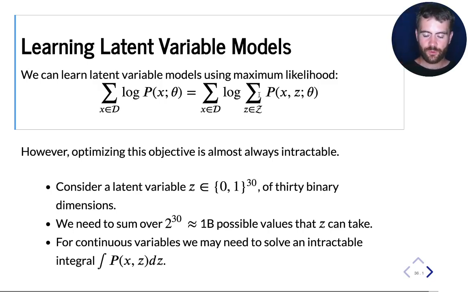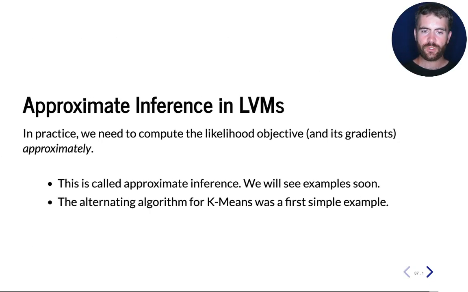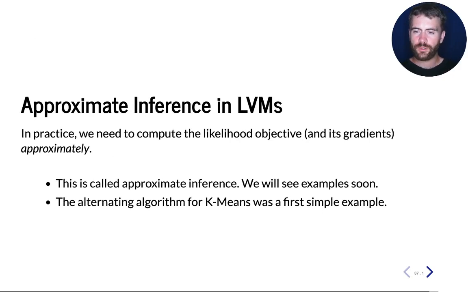And so in practice, optimizing this objective is going to be intractable in most applications, but we can often optimize it approximately. Even though we cannot compute its gradients directly, there are many approximate solutions or heuristics.